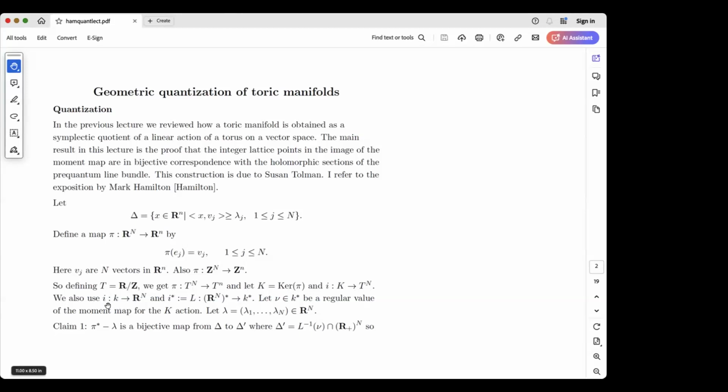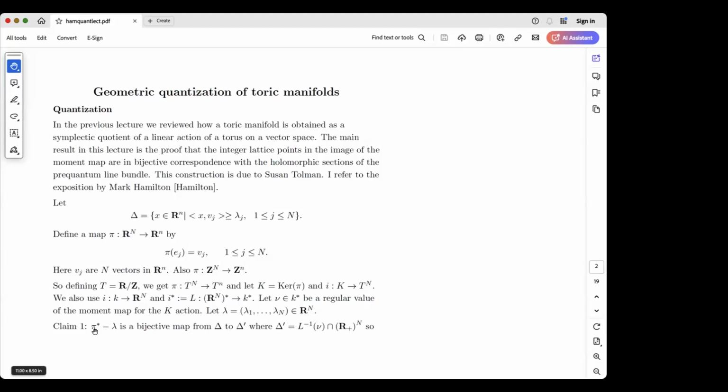We will also use i to write the map that sends the Lie algebra of K into R^N, and the dual map i star sends (R^N)* into the dual k*. I will usually denote i star by capital L. And lambda is the vector lambda_1 up to lambda_N. This is in R^N.